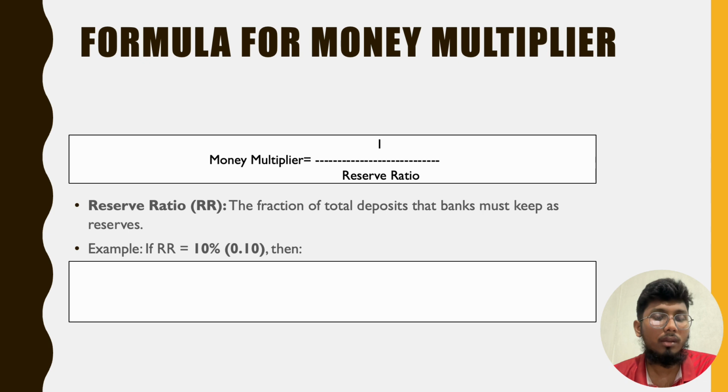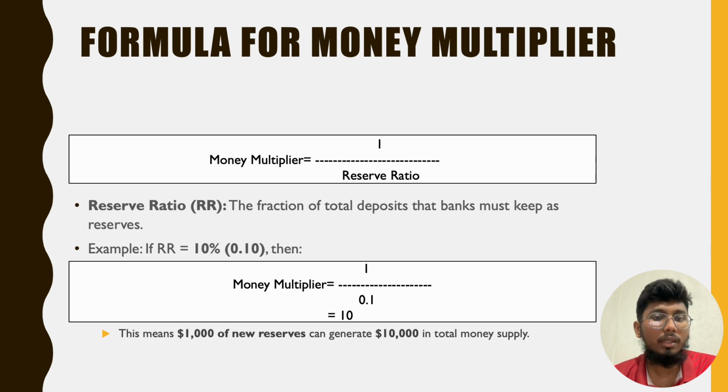We convert it to decimal and get 0.1. Then the money multiplier is equal to 1 divided by 0.1, which results in 10. So the value of the money multiplier at this moment is 10. This means $1,000 of new reserves can generate $10,000 in total money supply.